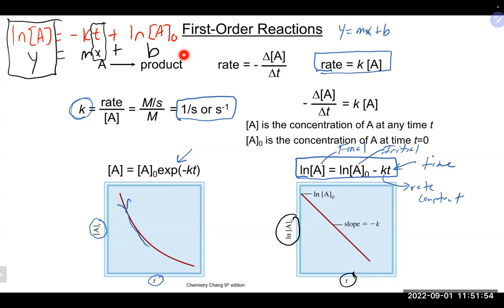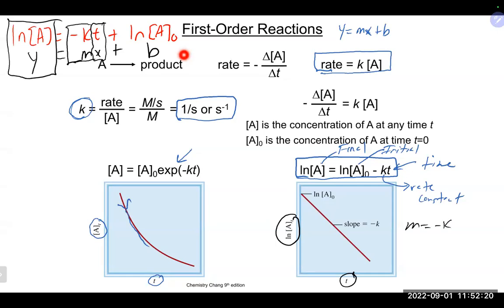And if you do so, and this reaction is a first order reaction, you should end up with a linear relationship, as we see here in this graph, where the slope of that line will equal the negative of the rate constant. So the slope here will equal negative of the rate constant.